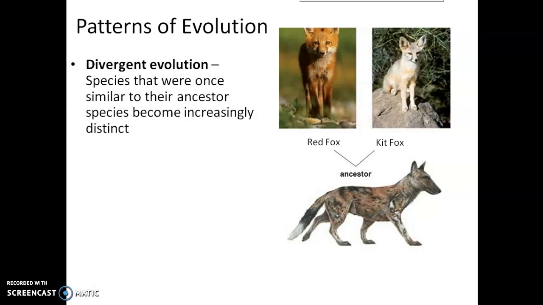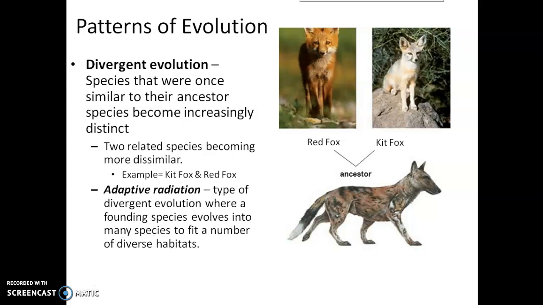This is where species that were once similar to their ancestor species become increasingly distinct, meaning that these are going to be examples thought to come from one ancestor, but over time have evolved into different species entirely. So the species diverge from one another, or they become more different from one another.